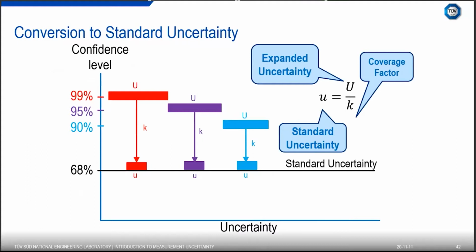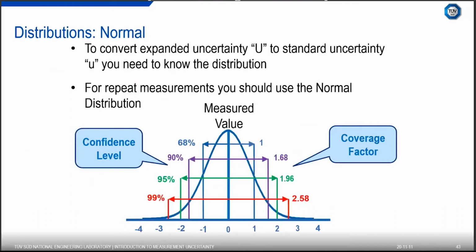To get back, it's just the opposite process. So if we want a standard uncertainty, we'll take our expanded uncertainty from a relevant type B source and divide by the appropriate coverage factor, depending on whether it's normally distributed and what the confidence level is. And again, just to repeat, to convert expanded to standard, you need to know the distribution.